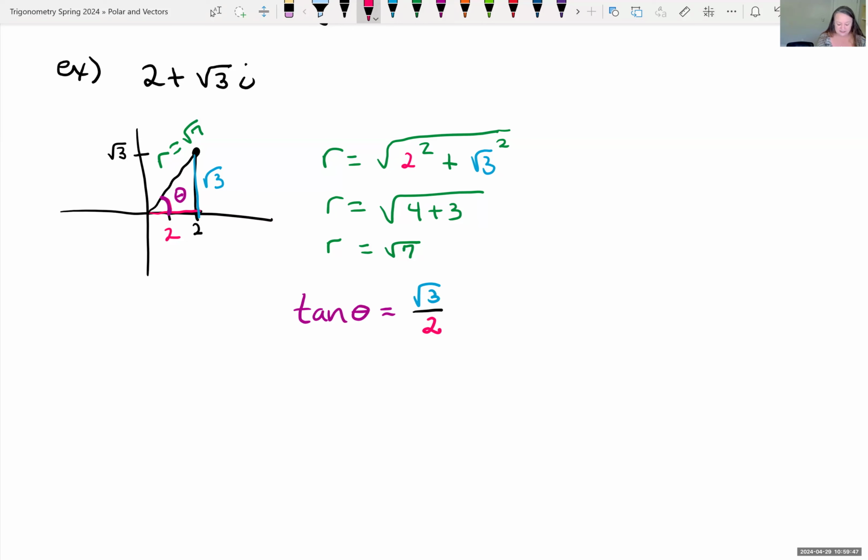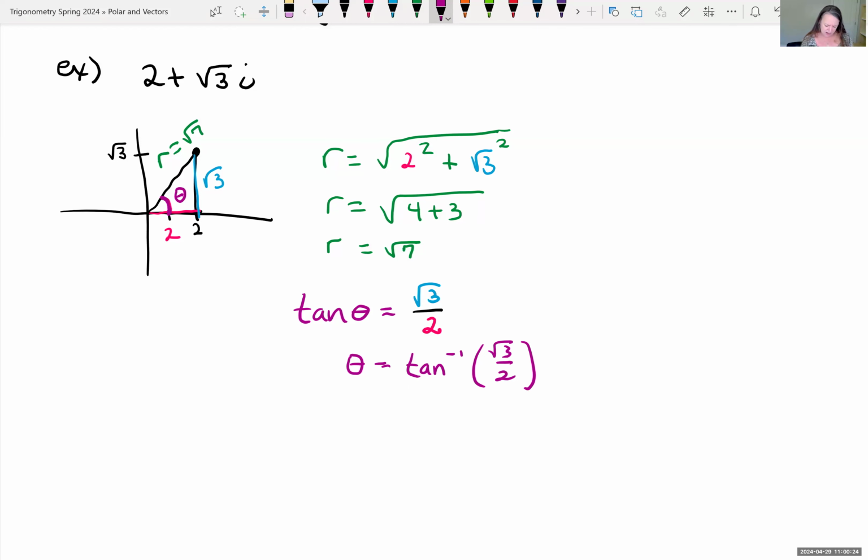Too bad that wasn't cosine or sine, because we know what those values are. But we don't know that one for tangent. So theta is tangent inverse of root 3 over 2. So plug that in the calculator. Tangent inverse. Make sure again you're in radians. Square root of 3 divided by 2.